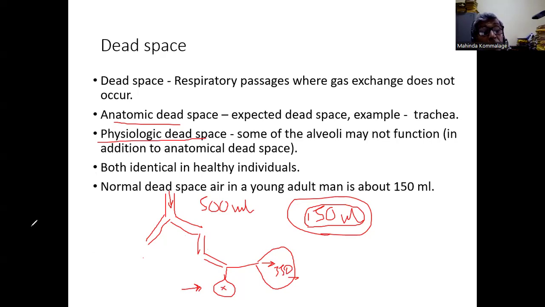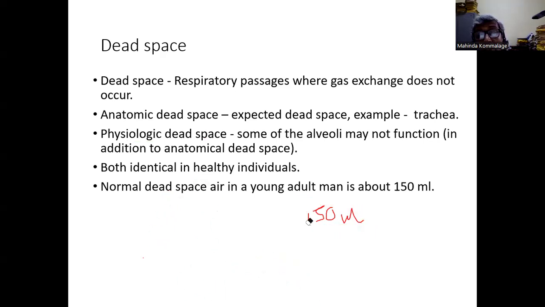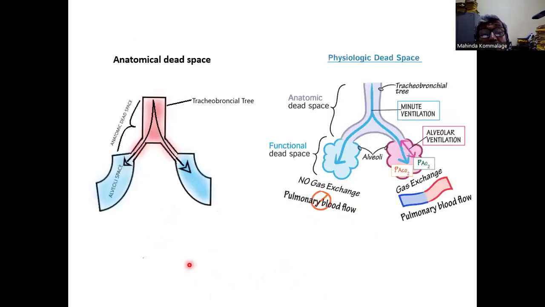So remember the concept of dead space, something important, right? Here in this diagram, you can see this is the tracheobronchial tree, that means dead space. So no gas exchange in the dead space, right? Physiological dead space means there can be some alveoli with no gas exchange because of no perfusion, no blood flow.